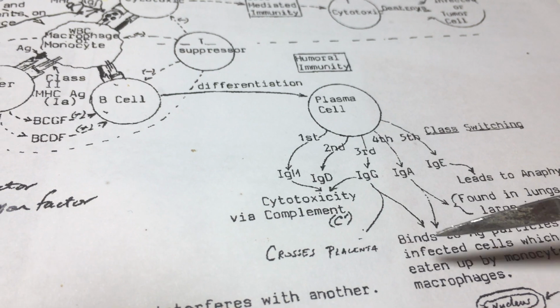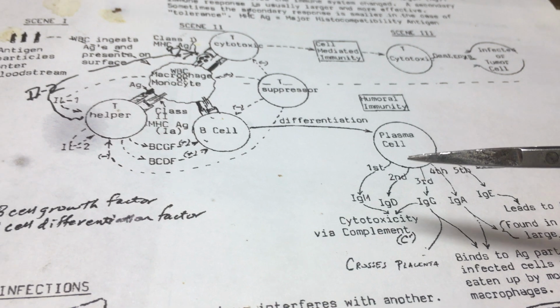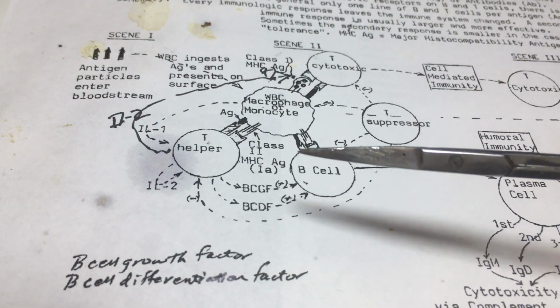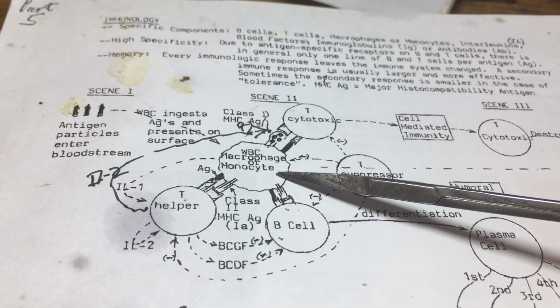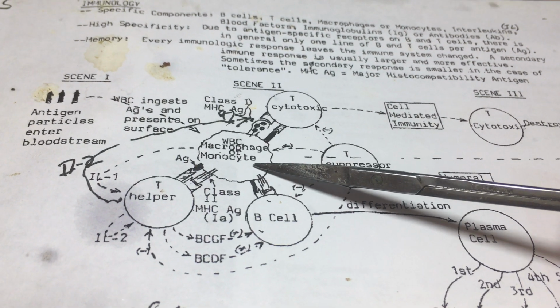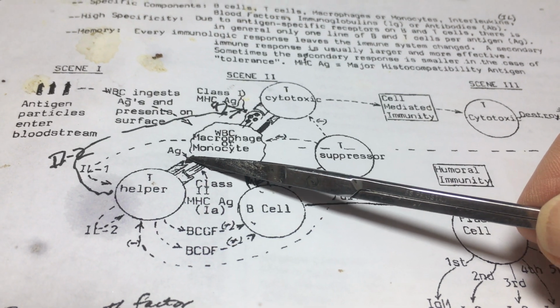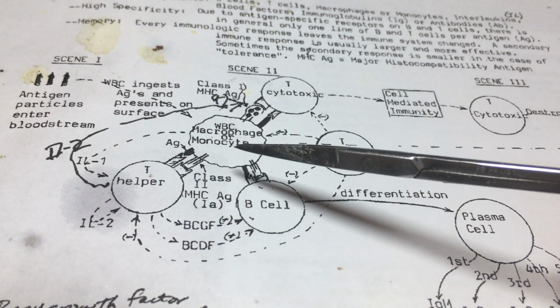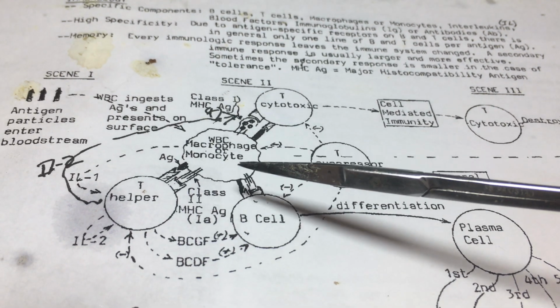We have other systems like complement and so on that we'll be getting into that can destroy the cell once we've identified it. So I just need you to have a glancing idea that if the macrophage eats the pathogen, metabolizes it, presents it, identifies it to certain cells of the immune system, we can have an immune response.